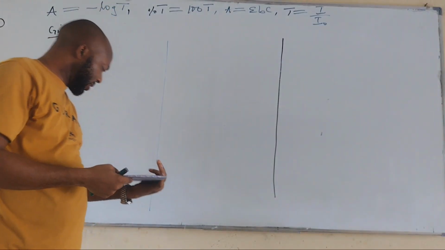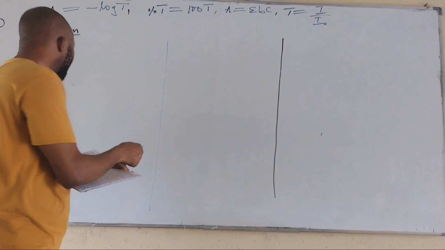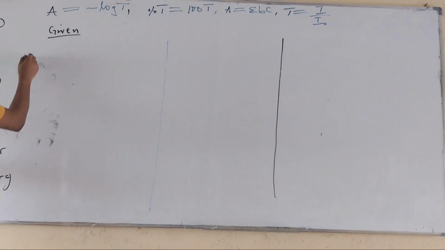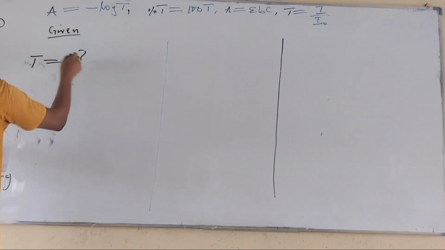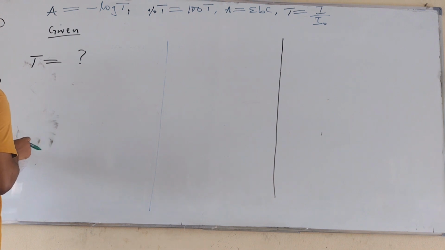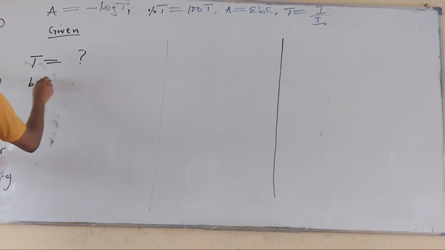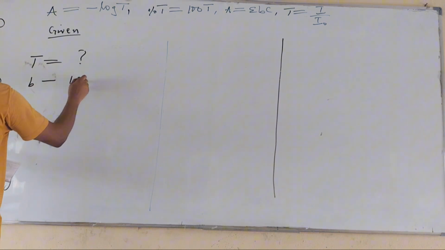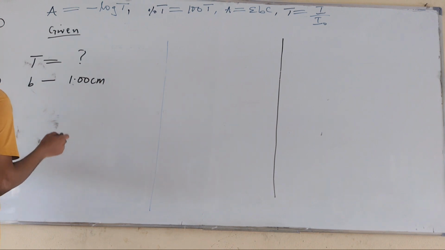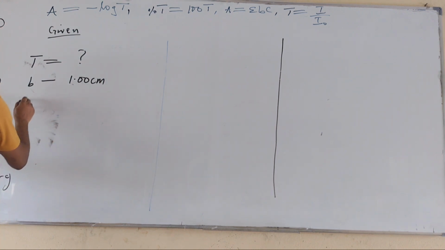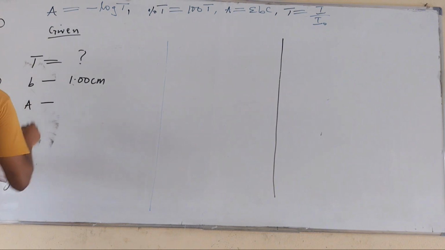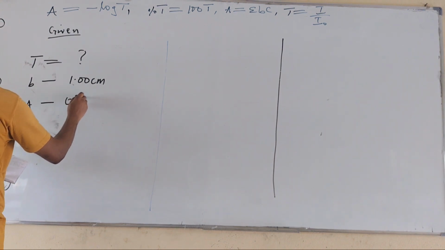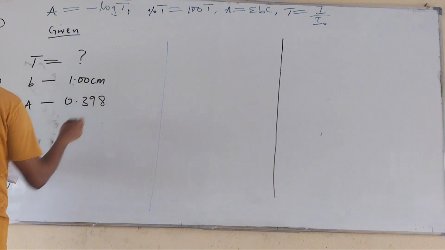It says that we should calculate the transmittance. The transmittance of a solution in a B of 1.00 cm, given that the absorbance is 0.398.